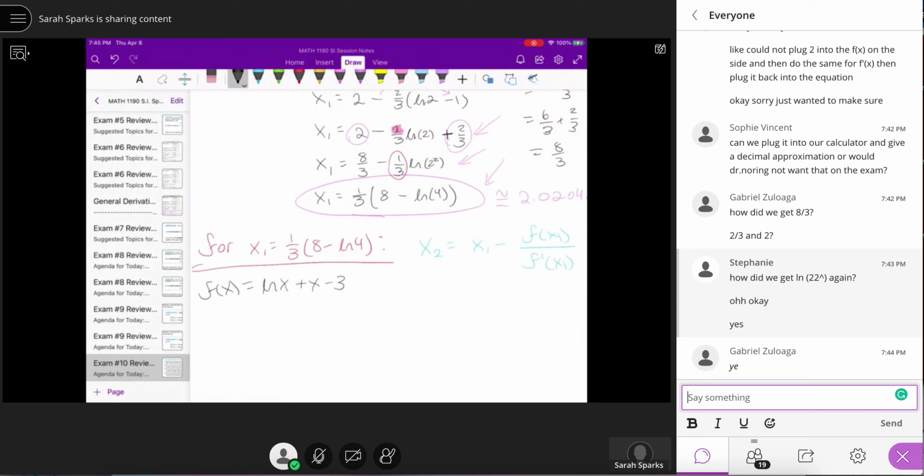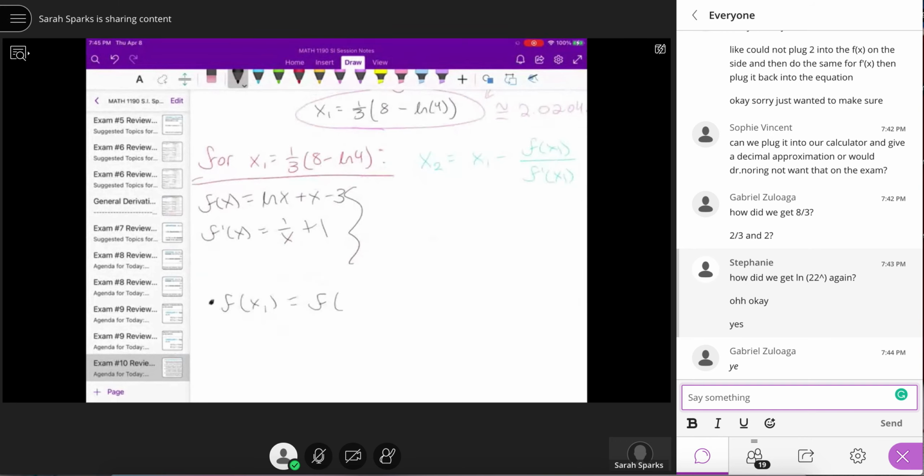So let's solve for f of x1 and f prime of x1. Let's do a little bullet point, and then we have f of x1. It's going to equal f of 1/3 times 8 minus natural log of 4.